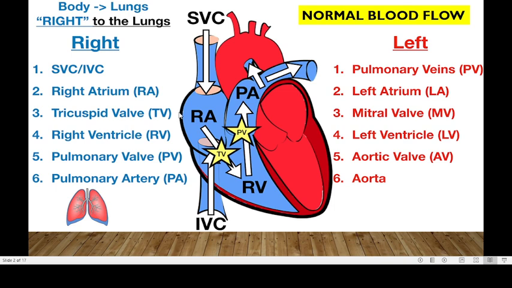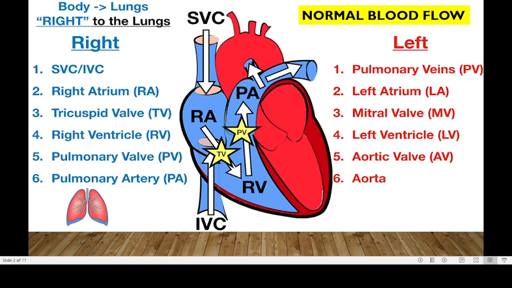Deoxygenated blood from the body returns to the heart via the superior and inferior vena cava, then enters the right atrium. From the right atrium, blood flows through the tricuspid valve to the right ventricle.